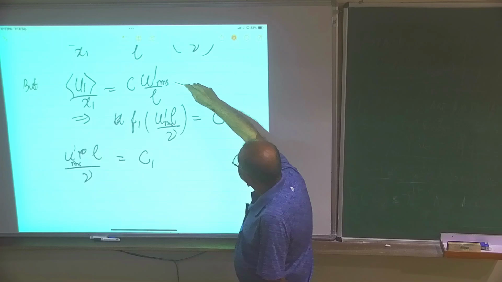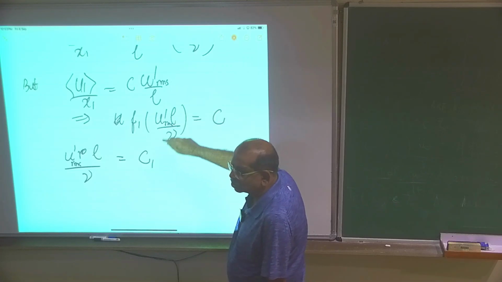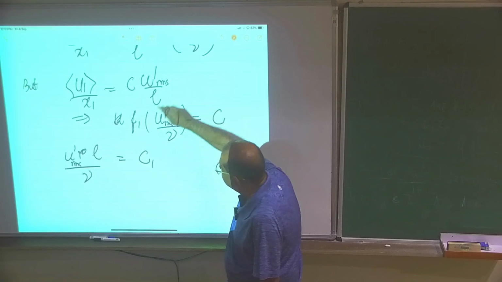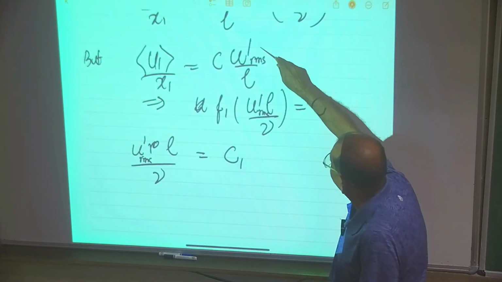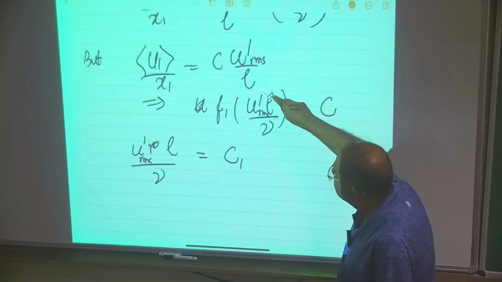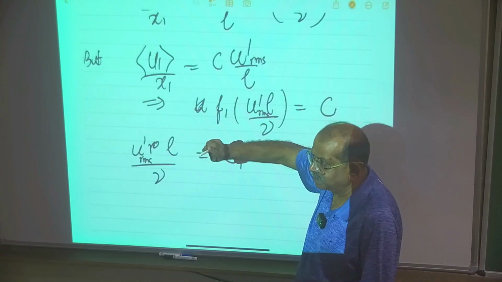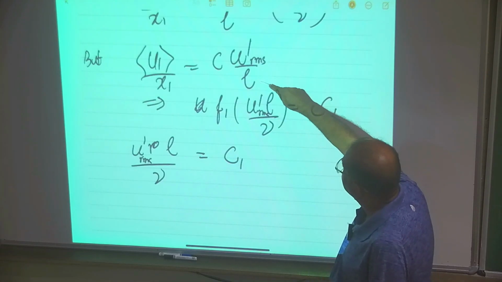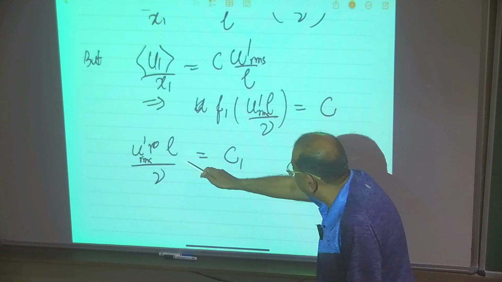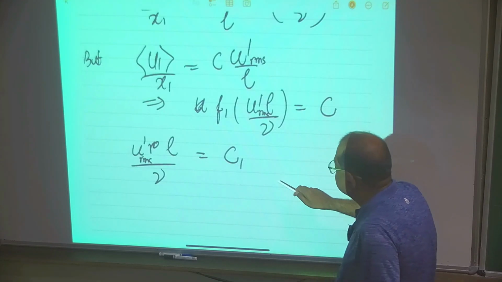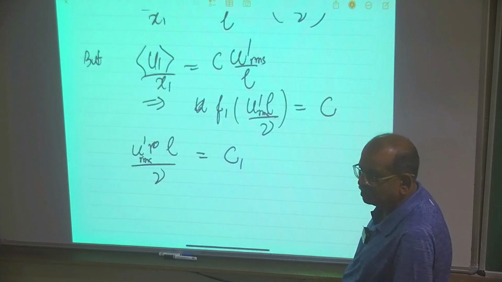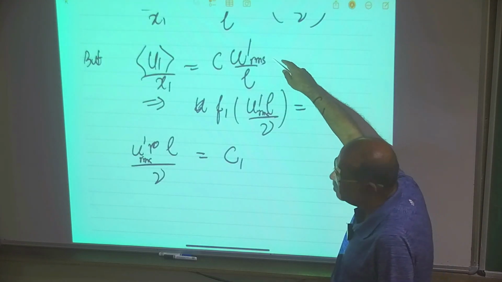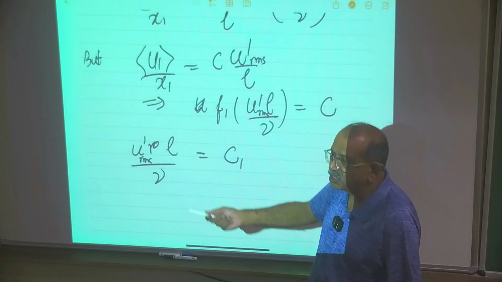If I want to find how L goes with x1, I will put, instead of U prime RMS, C1 nu upon L. So that will tell me how L changes with x1. And if I want to find how U prime RMS changes with x1, I will eliminate L. So I will put L equal to C1 nu divided by U prime RMS and put that in here, and that will tell me how U prime RMS changes with x1.